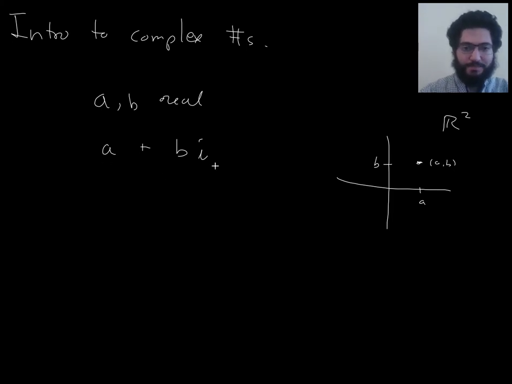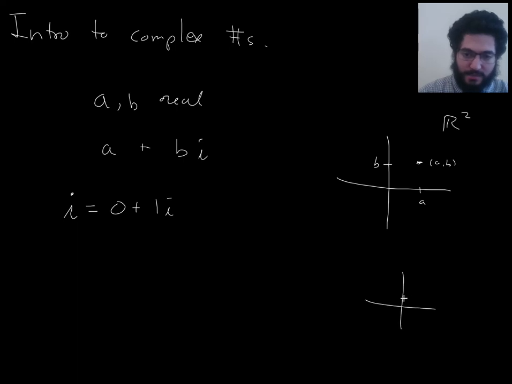Why write it this way? Well, because we're going to allow ourselves to add and even multiply complex numbers, so pairs of real numbers, in such a way that i, which is 0 plus 1i, so i sits right there, 0 over and 1 up in the complex plane, we're going to arrange things so that i squares to be -1.